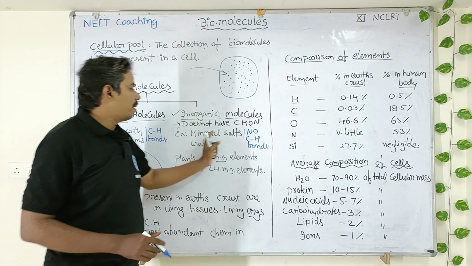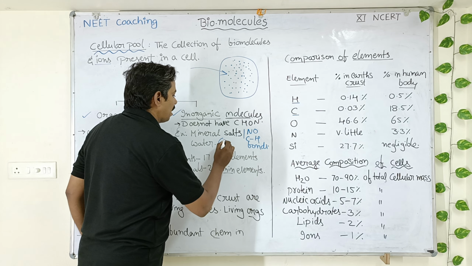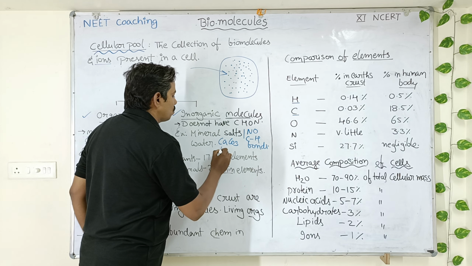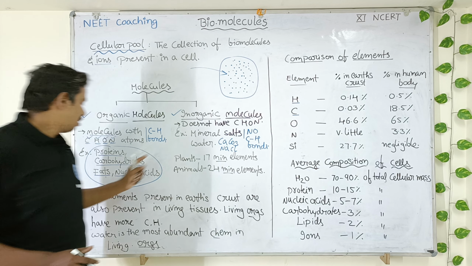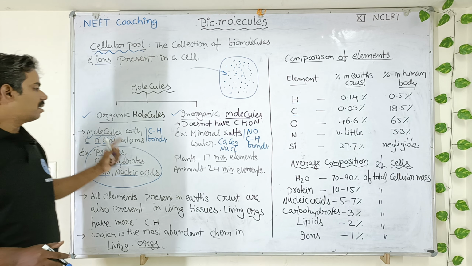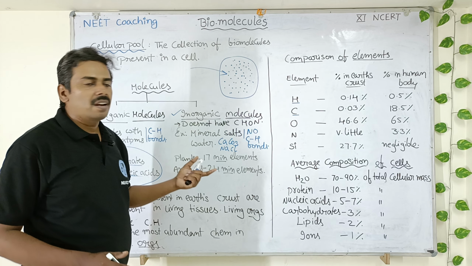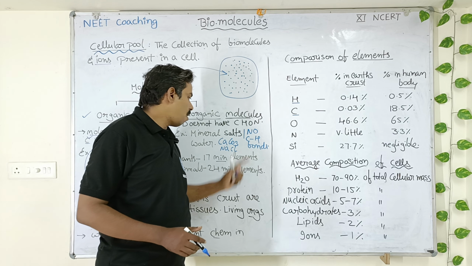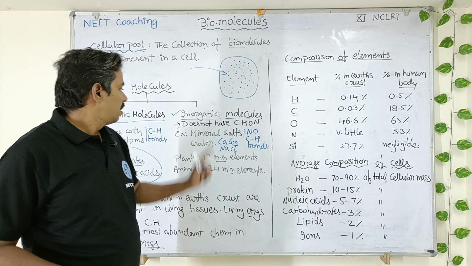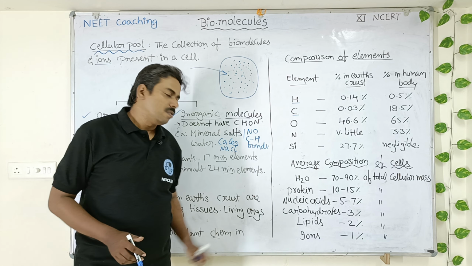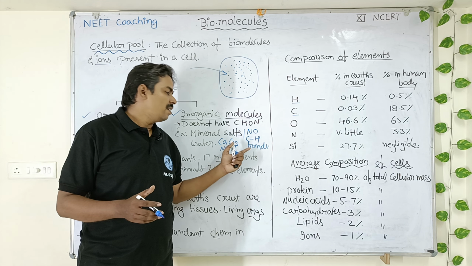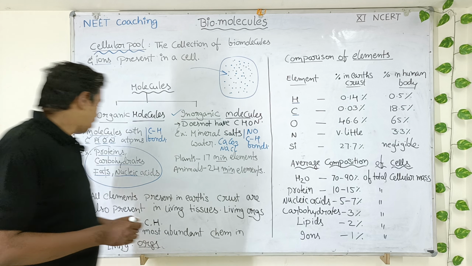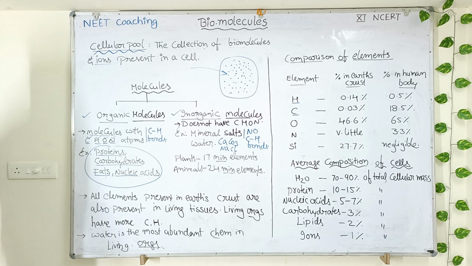Whereas mineral salts such as calcium carbonate and sodium chloride do not have carbon, hydrogen, oxygen, nitrogen in their structure, and there will be no carbon-hydrogen bonds. They are considered inorganic molecules. Even in the water molecule, you don't find these characters. Understood, students?